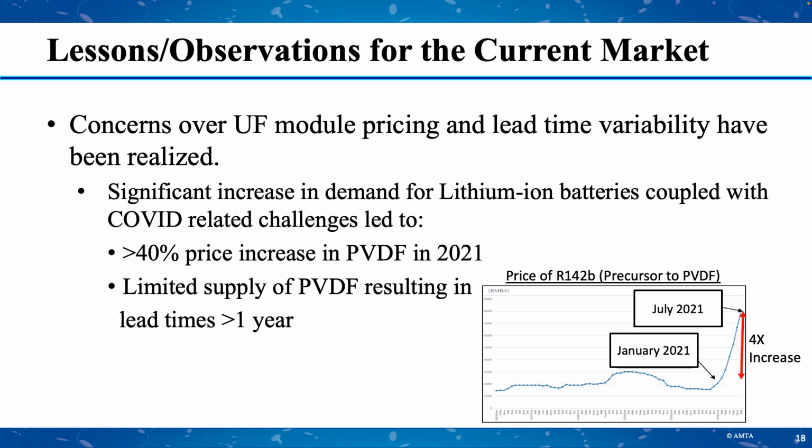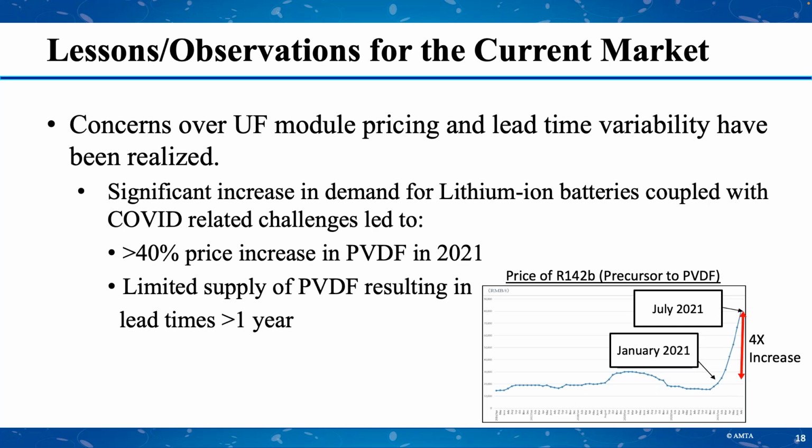Over a 6 or 7 month period, we saw a 4x increase in the price of that chemical, and that was part of the reason that it led to this tremendous increase in the price of PVDF. And of course, PVDF, since that's what the membrane is made of, when that raw material increases in such a major way, then the cost of the module is certain to increase in a major way as well.